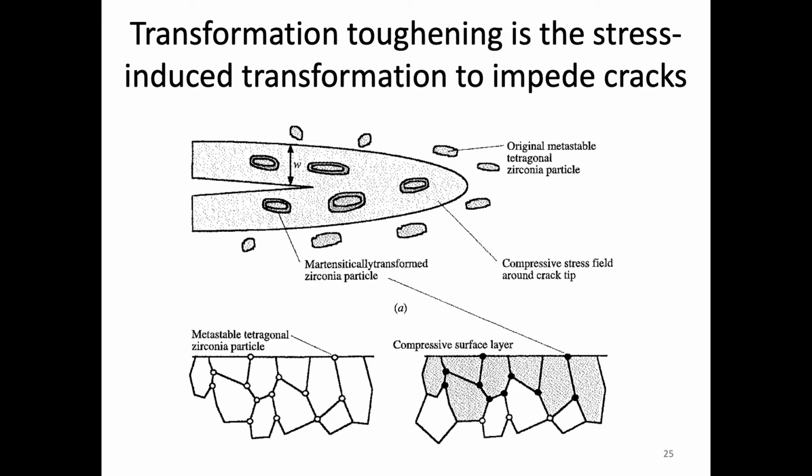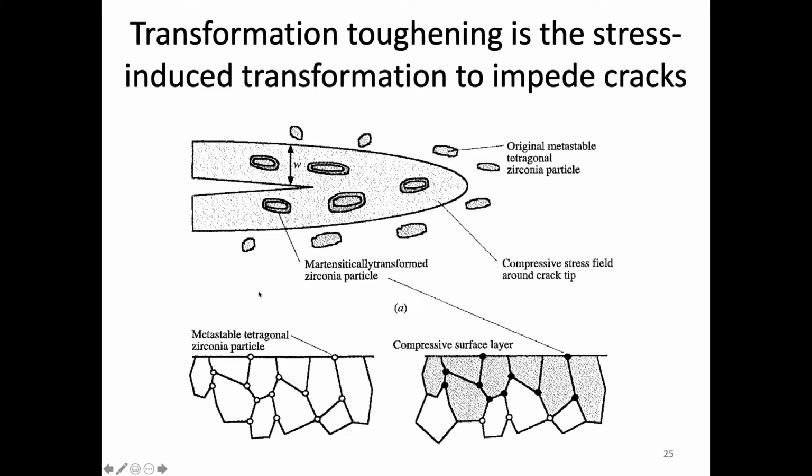And what that does is when it goes through that transformation, they get bigger, which is what this schematic is trying to show, these particles getting bigger. And when they get bigger, they can create compressive stress. And that compressive stress impedes or blunts this crack from moving further. The same thing can happen on the surface as well. So that's what this is showing.